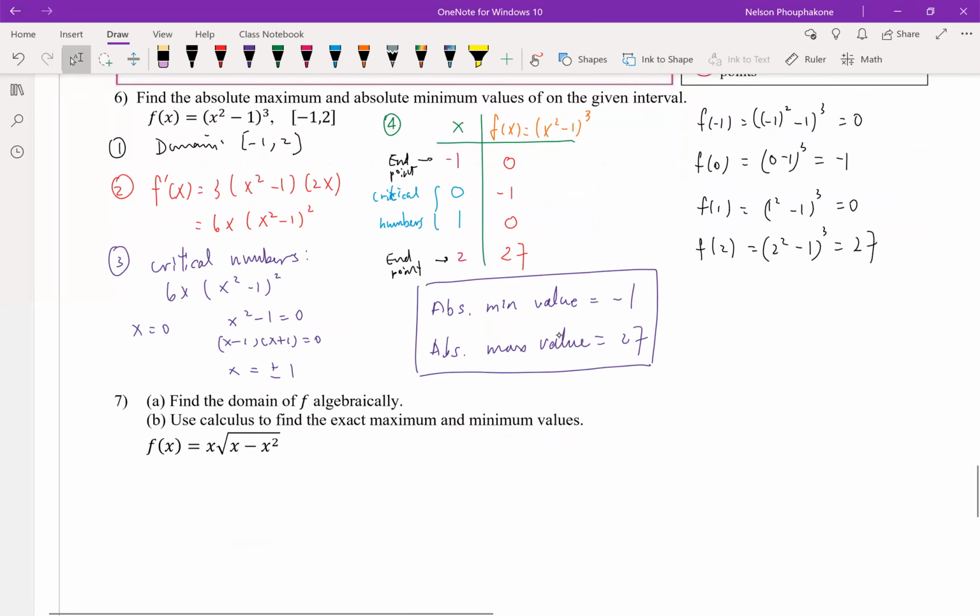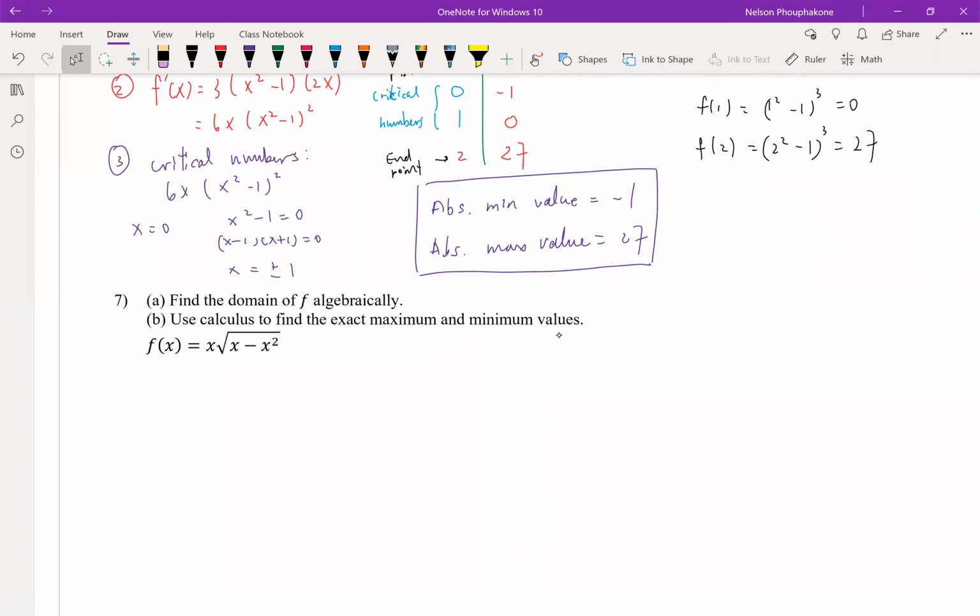Then now let us look at number 7. To this problem, we would like to find the domain of f and use a calculator to find the exact maximum and minimum values.